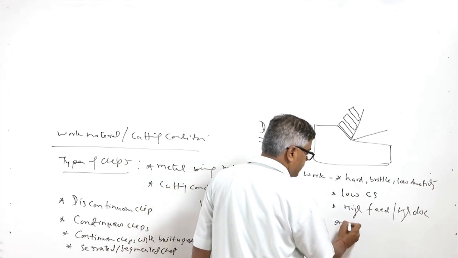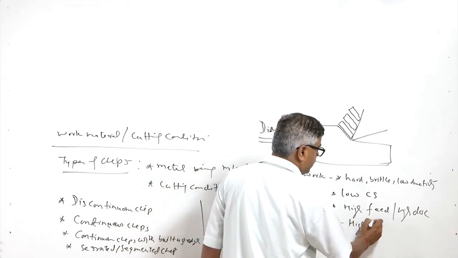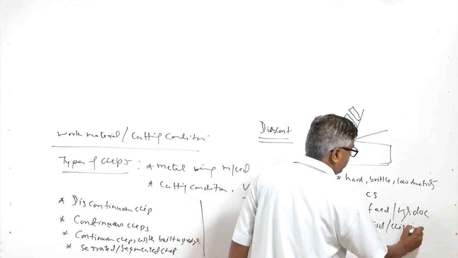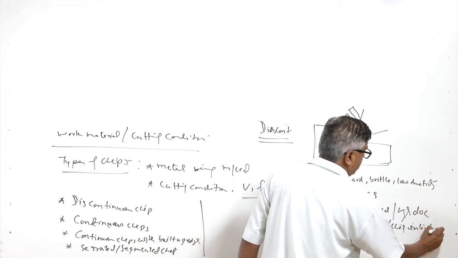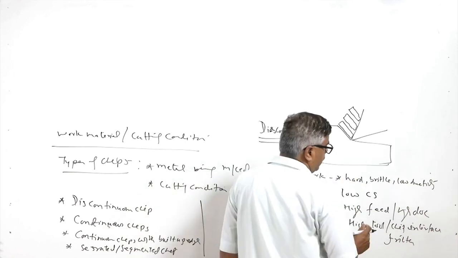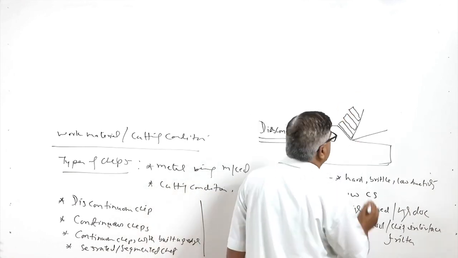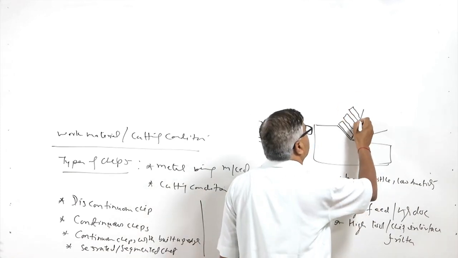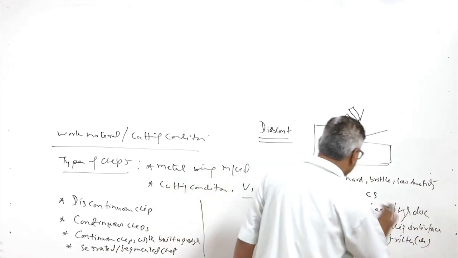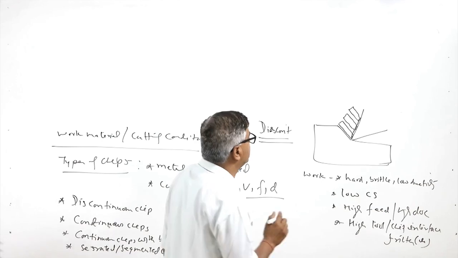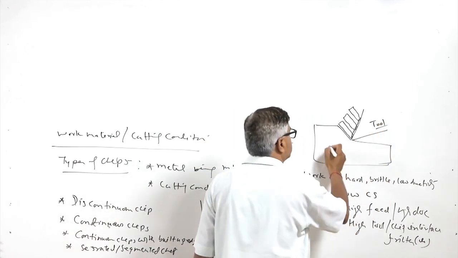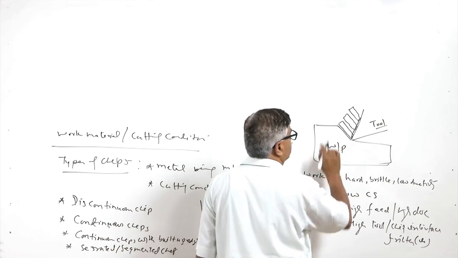And fourth is high tool-chip interface friction. When the chips are moving on the face of the tool under heavy frictional forces, meaning the mu is high at the tool-chip interface, it will also lead to discontinuous chips. So, this is the tool, this is the workpiece which is hard and brittle.